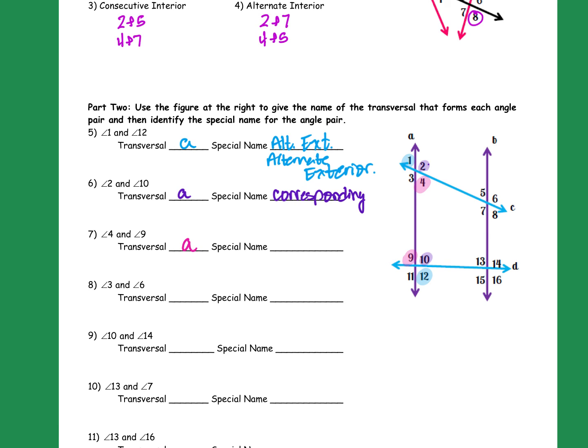Well, they're on opposite sides of the transversal, so they're alternate. Okay, so it's alternate something, right? Alternate exterior? Are they on the outside of the blue or on the inside of the blue? Oh, inside, so interior. Interior, very good. Nice job.